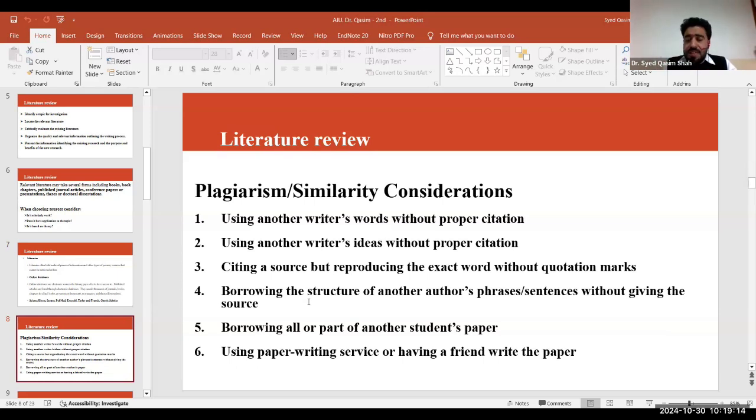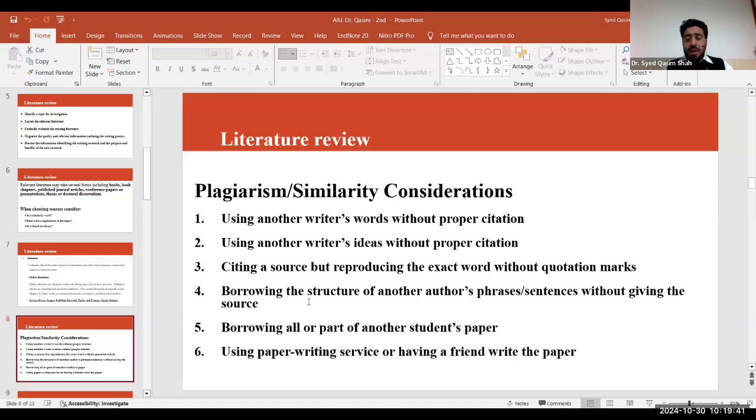If we are using words from any other writer, we need to cite, we can give a citation, and there are different referencing systems through which we can cite the work of other people. Or if we are using another writer's idea without proper citation, again that comes under plagiarism. Although we can use the writer's words, and we can use the idea of others, we need to cite.